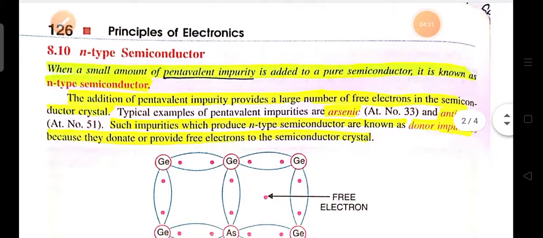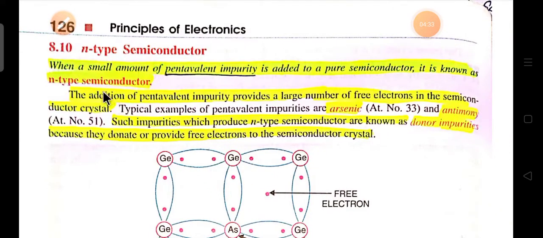When a small amount of pentavalent impurity is added to a pure semiconductor, it is known as N-type semiconductor. That means when we add pentavalent impurity to the semiconductor, that type of semiconductor is called N-type semiconductor.